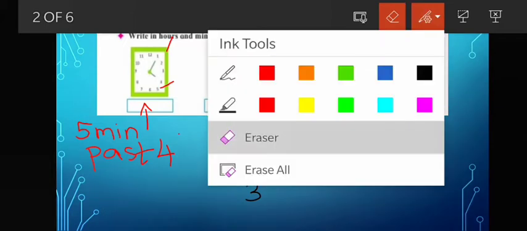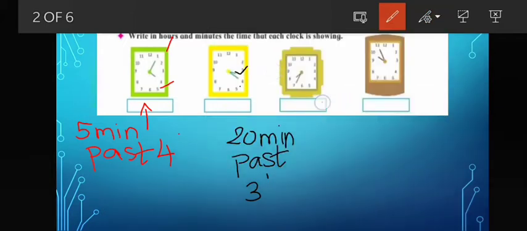Now this one. See where the hours hand is. The hours hand is between 7 and 8, which means it is still 7. When it was between 3 and 4, we said 20 minutes past 3.